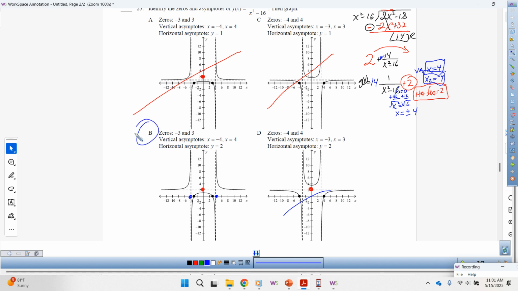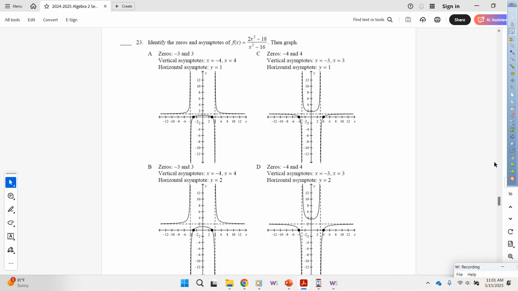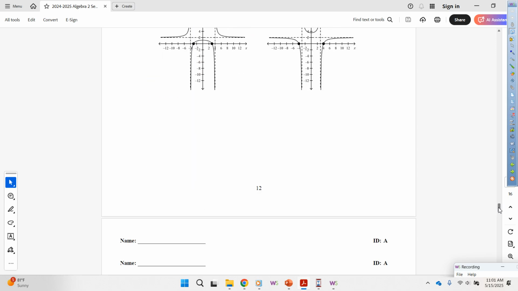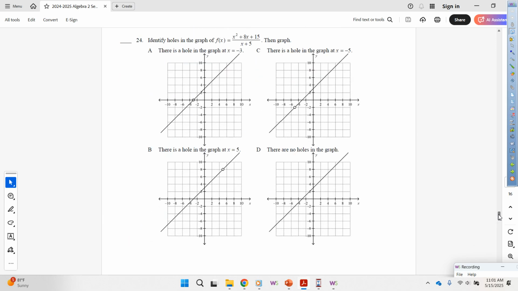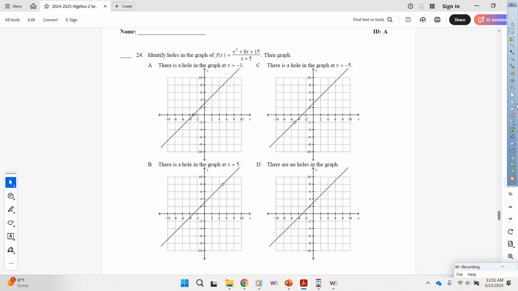Once again, all you have to do is match your VA and your HA. All right, let's go to number 24. Let me zoom in.